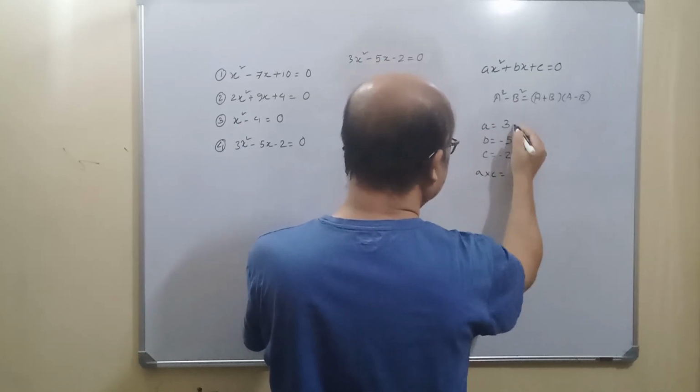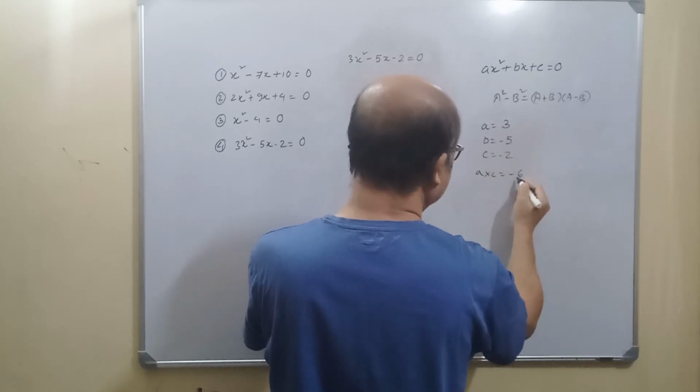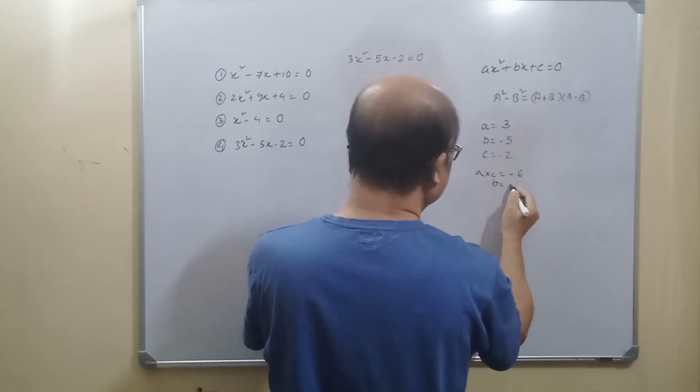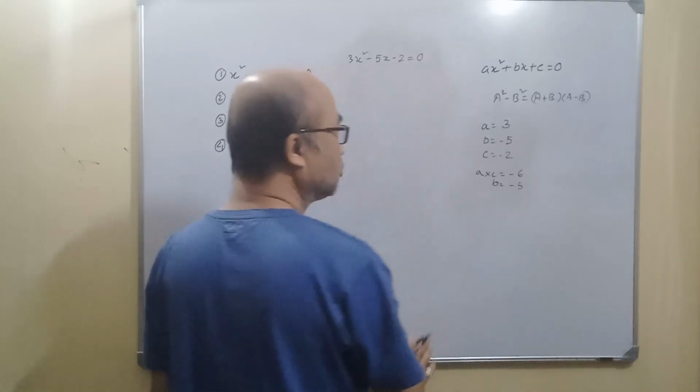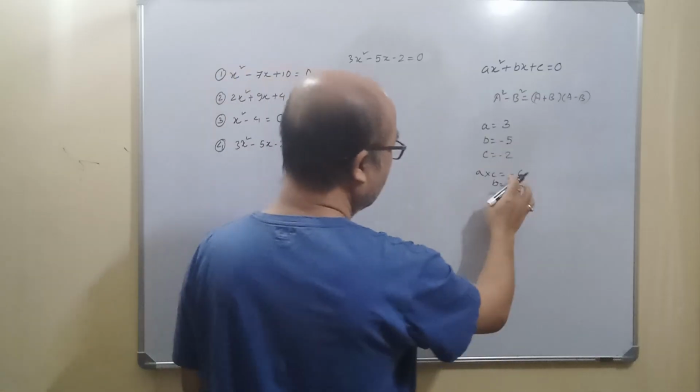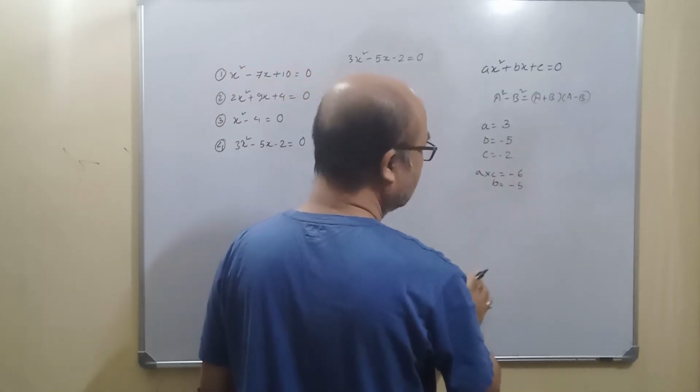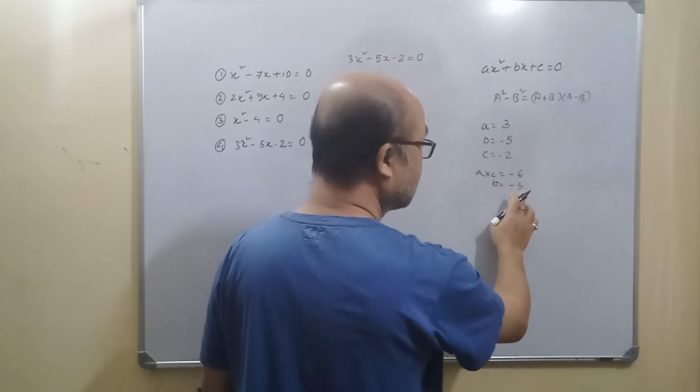A into C is 3 into minus 2, minus 6. B is minus 5. So we need two numbers whose product is minus 6 and whose summation is minus 5.